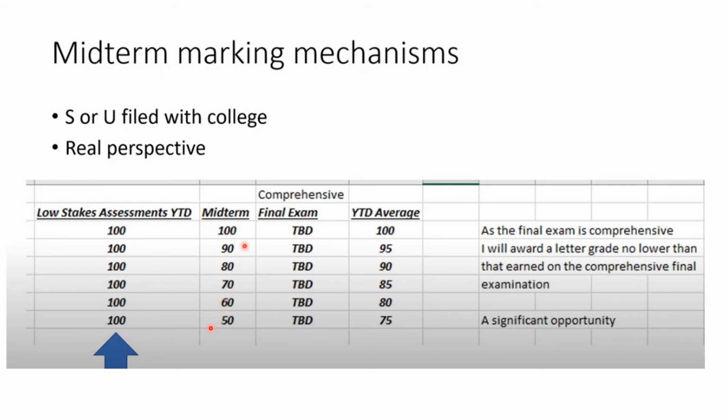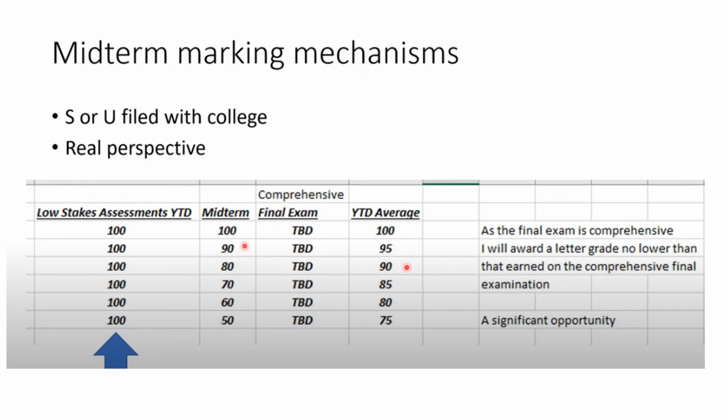Based on the papers I've looked at so far, I expect the scores in the midterm will range from 50 up to perhaps 100. And so I take the average of these two grades because they are equally weighted at the end of the term. And again, we will have more low stakes assessment, but this was up to the midterm. So 100 and 100 is 100, and I'm just taking the straight up average of these things.